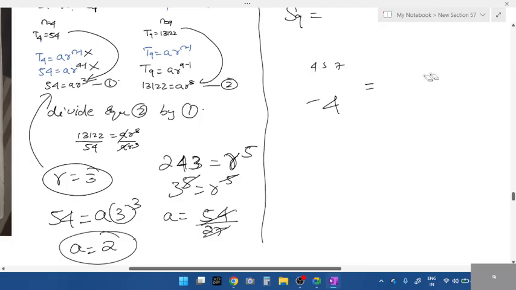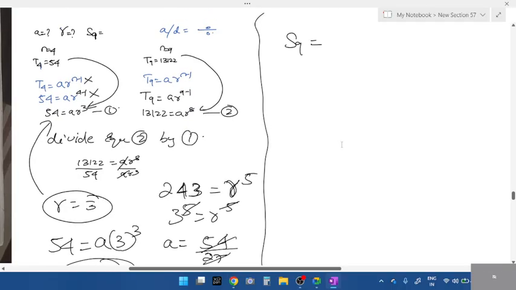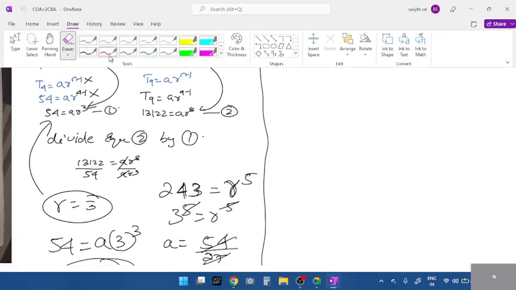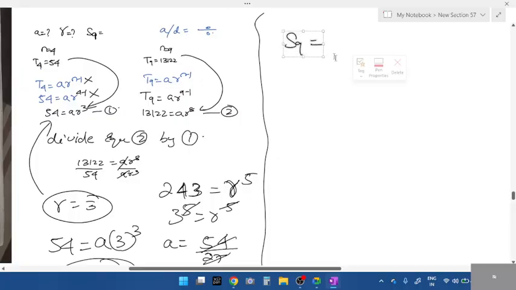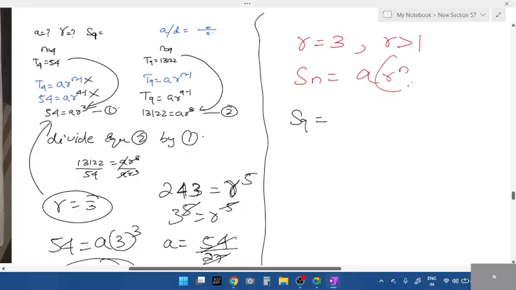And below that, check these steps. Below that, you have to write the sum of 9 terms. So what is the sum formula? For a GP question, you have to check the R value. Is R greater than 1? R is equals to 3. Therefore, R is greater than 1. What is the sum formula? S of 9 is equals to A into (R^n minus 1) divided by (R minus 1).